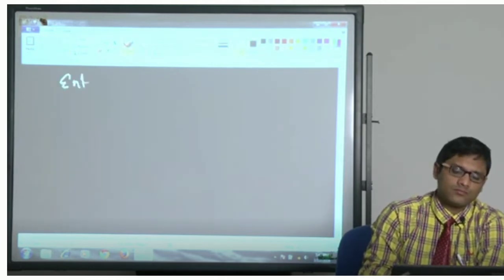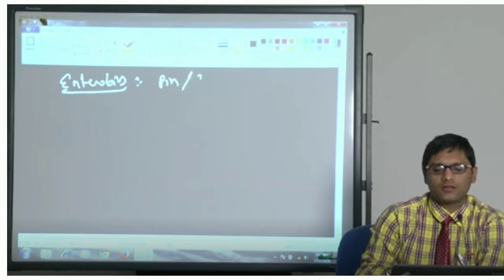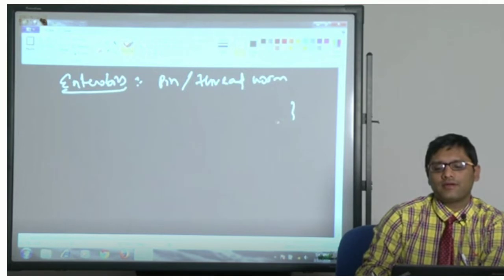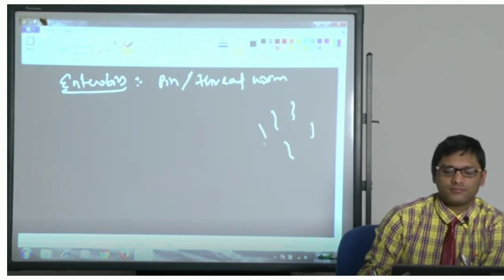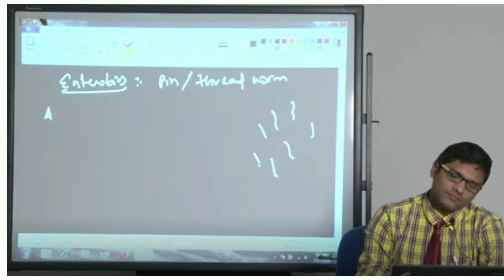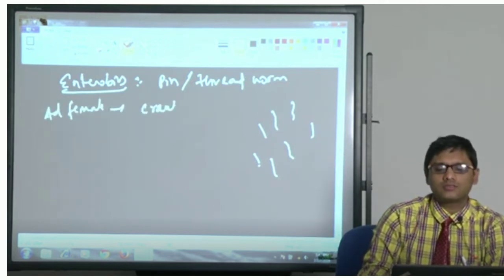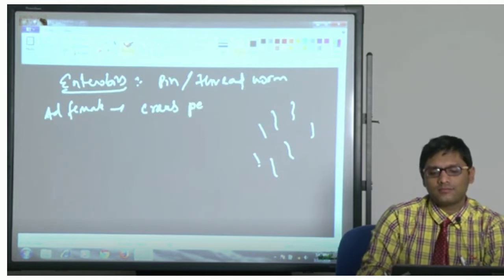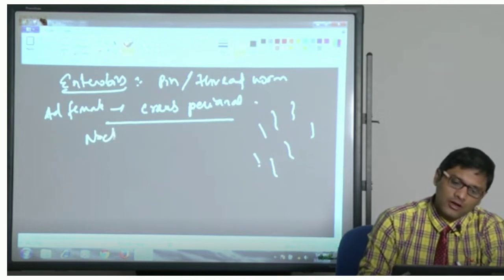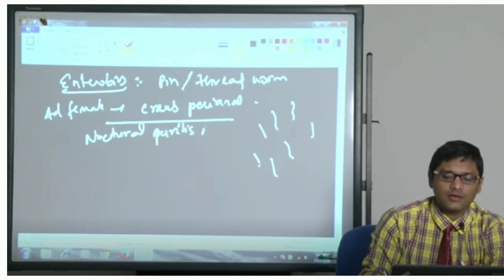Enterobius is also called pinworm or threadworm. They are thread-like, very small structures, and the adult female of Enterobius crawls in the perianal region, especially at night time, and that leads to nocturnal pruritus ani.